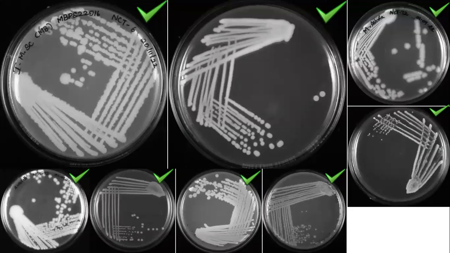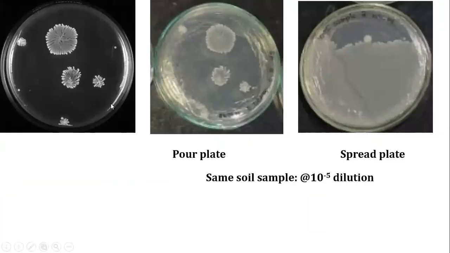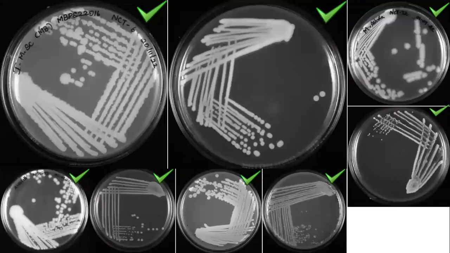So once you get the mother plate, say here we have a mother plate, right? Identify the uniqueness of various isolates. Give the numbers 1, 2, 3, 4 based on their unique morphology. Each and every numbered unique bacteria, go for quadrant streaking. Quadrant streaking is nothing but making four different quadrants.